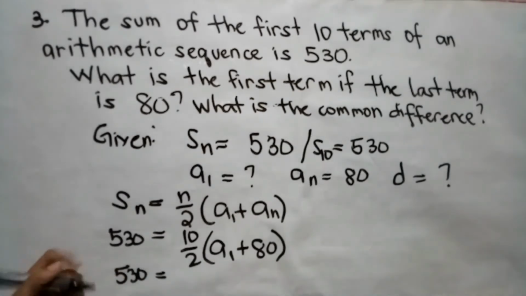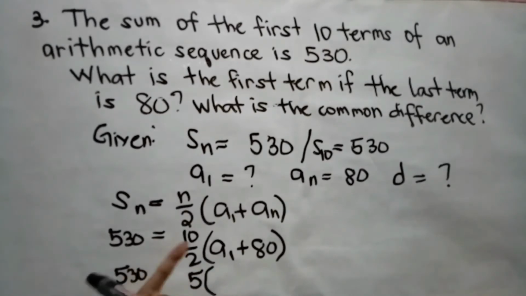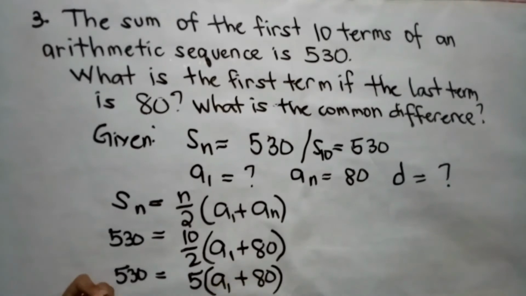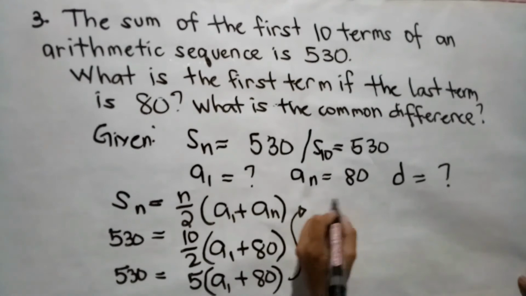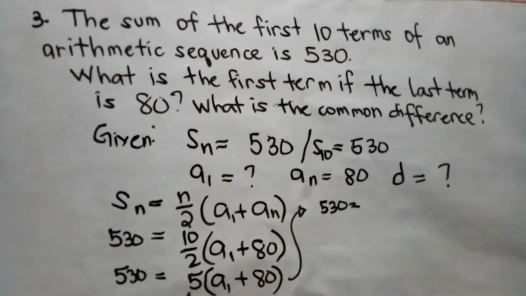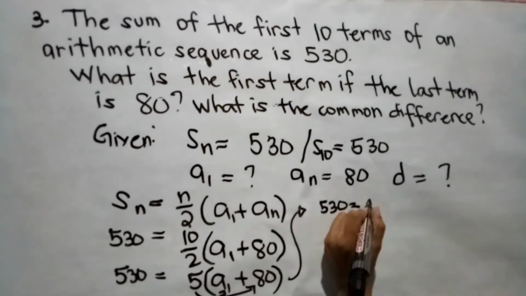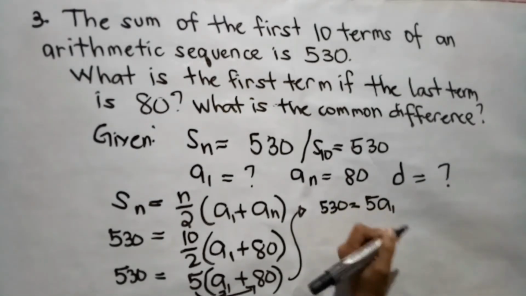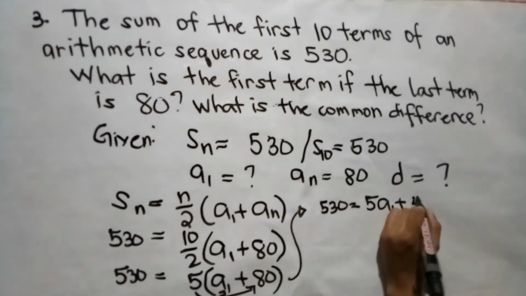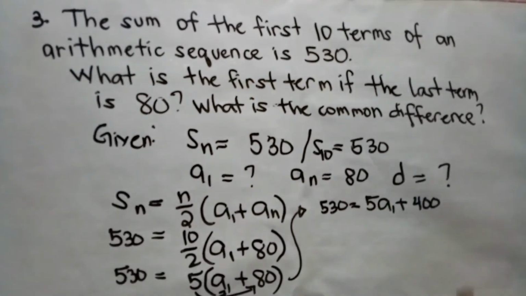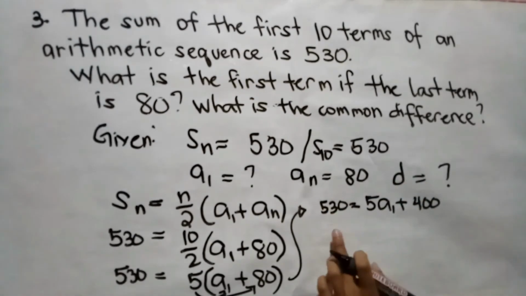530 is equal to 10 divided by 2. That is 5 multiplied by A sub 1 plus 80. Then let's solve here. Okay, 530 is equal to distribute 5 times A sub 1 is equal to 5 A sub 1 plus 80 times 5, and that is 400. Then solve. Transpose 400 here.